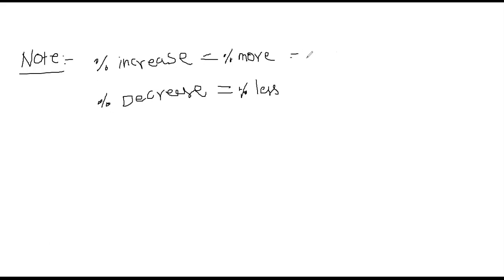When the percentage is more, your formula is difference by smaller.